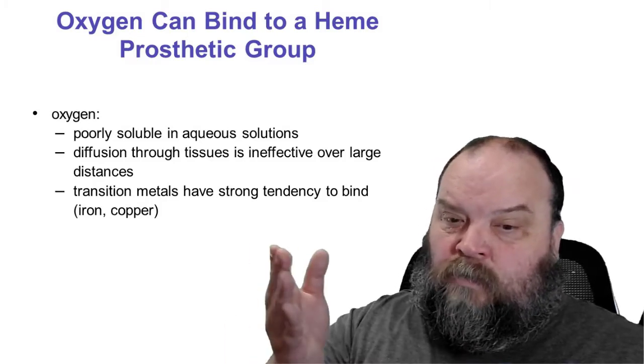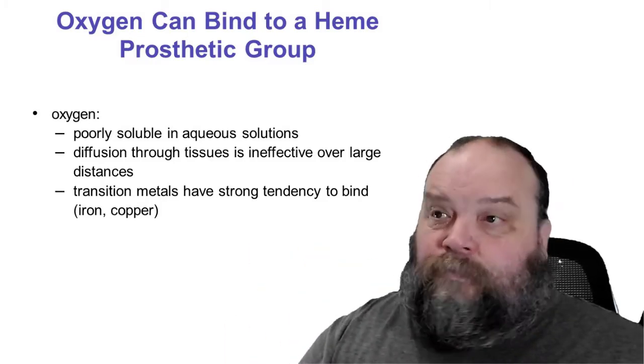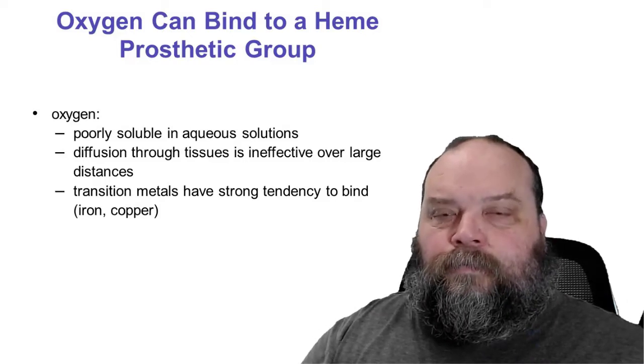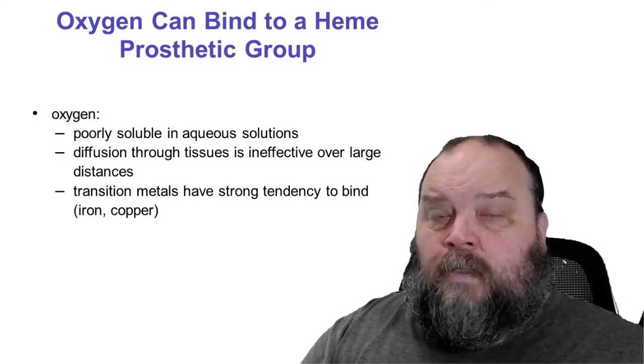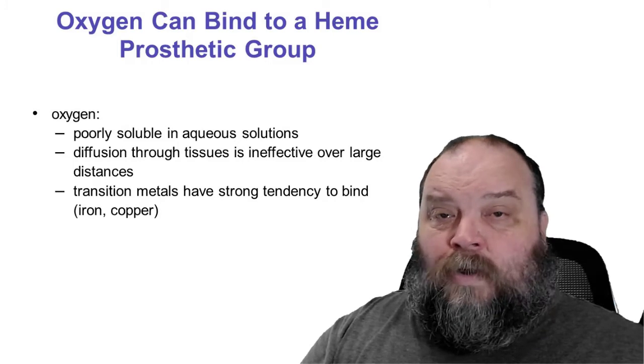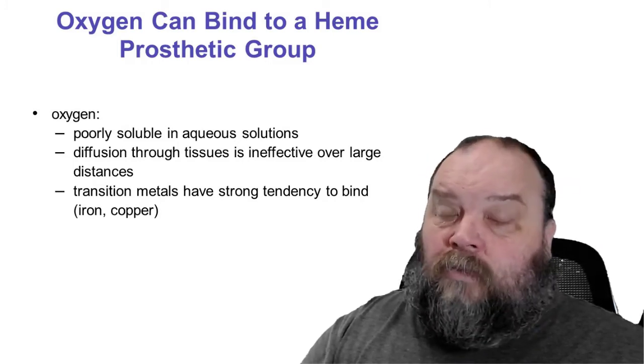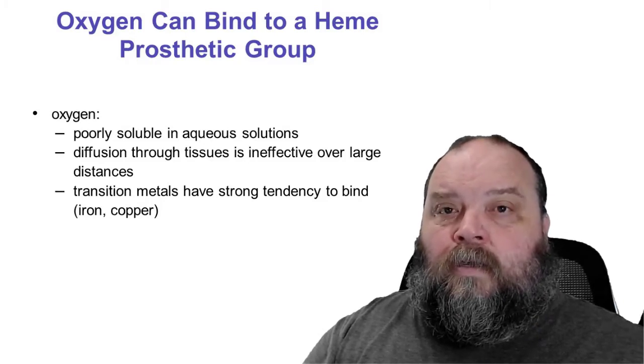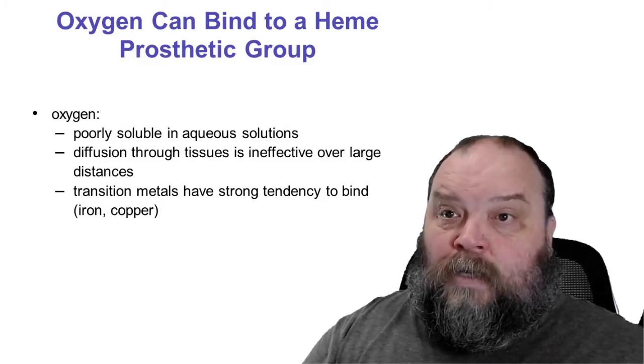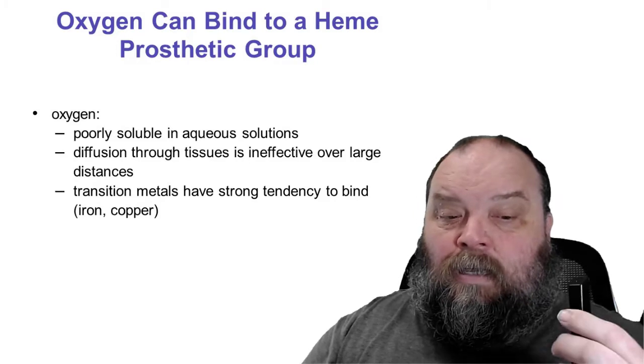And you have oxygen floating by, well, it's going to interact. Also, if there happen to be any transition metals, iron, copper, things like that, they're going to interact with oxygen, slowing down, if not halting, its diffusion.